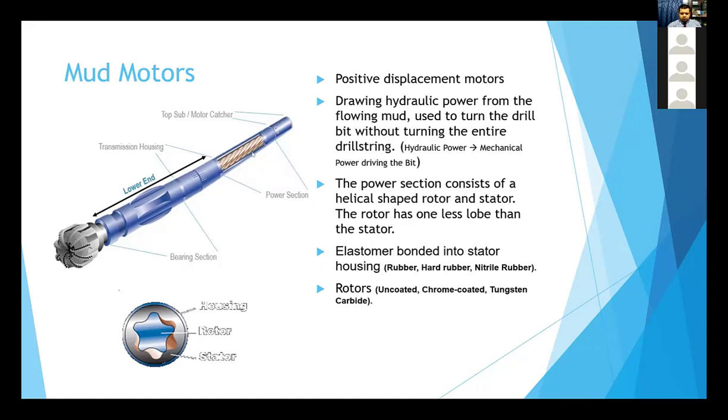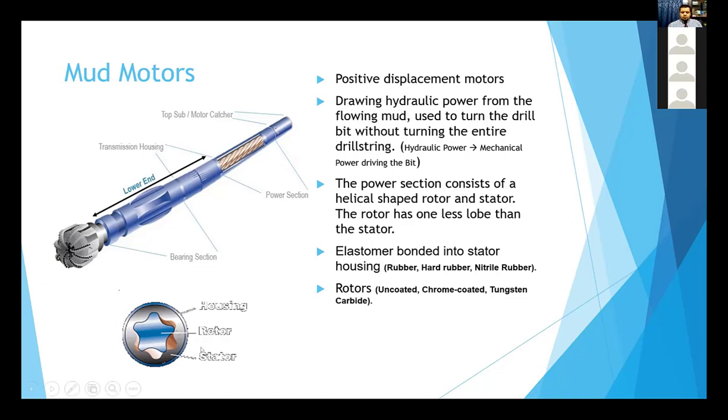You see here the rotor and stator inside. This is where the hydraulic power is converted into mechanical power, which then goes down the string to the bit. This is one of the critical parts that the mud motor is totally dependent on.